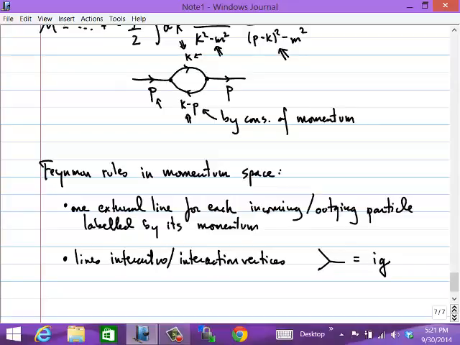So they're just factors of i times the coupling constant. And then the internal lines also get propagators. So just as in position space, each internal line got a propagator, here in momentum space, each internal line gets a propagator as well. The only difference being that we write the propagator in momentum space.